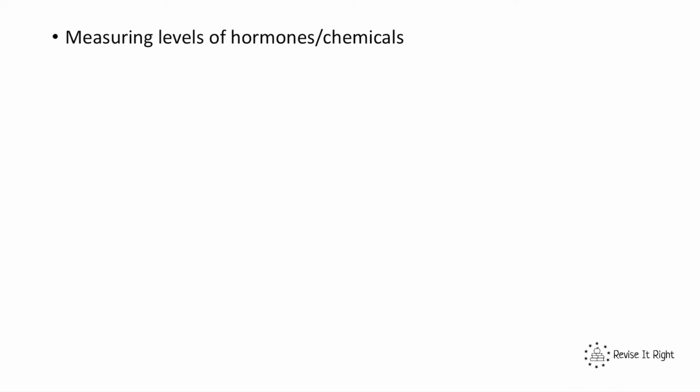So another use of monoclonal antibodies is measuring levels of hormones or chemicals. Remember, our hormones or chemicals have specific antigens, and we can insert monoclonal antibodies into the body and they will bind to the hormones or the chemicals that you're trying to measure, and using that you can then detect or measure how much of a certain hormone or chemical a person has in their blood.